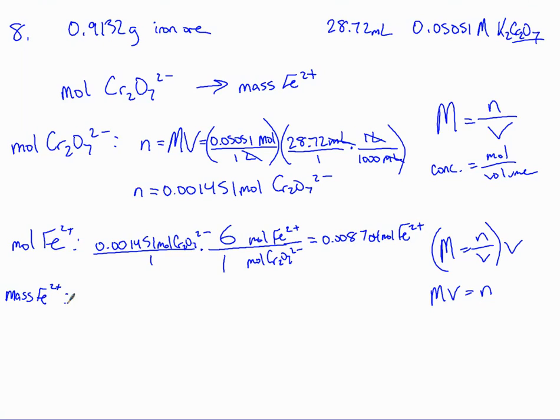So our number here, 0.008704, and the molar mass of iron will come straight off the periodic table.